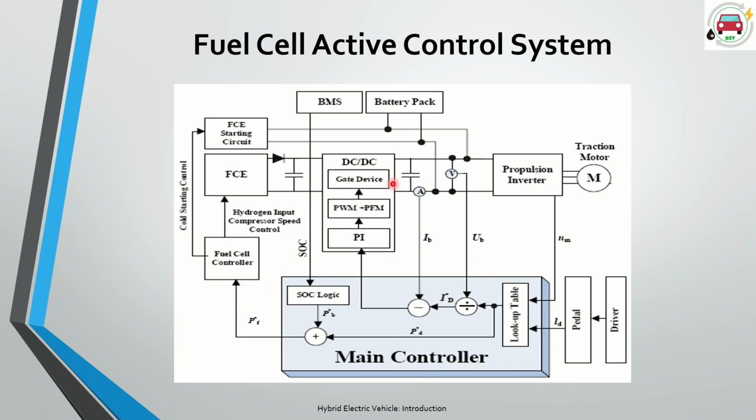Okay, so we don't go into the deep terms here. We just need to see what is actually happening in the electric vehicle, that we need to understand over here, right? So the traction motor is here, the driver is here, and the driver is giving some instructions to the control system.